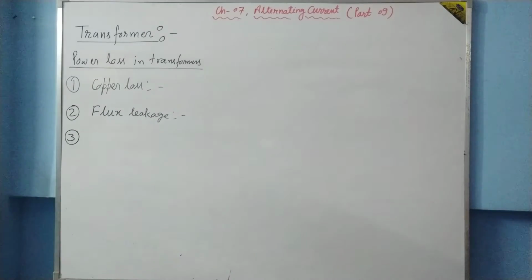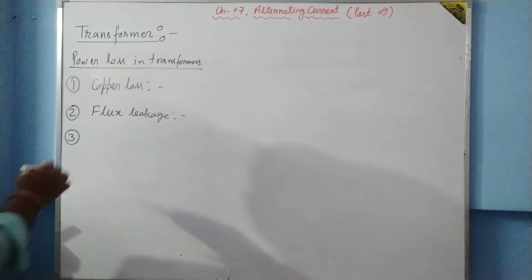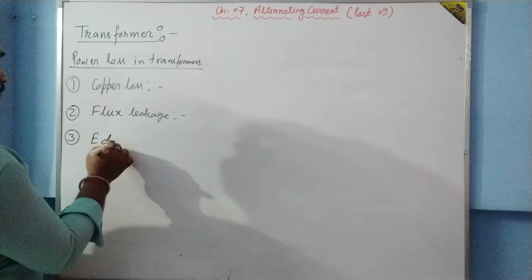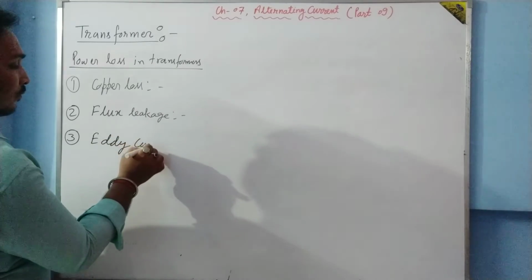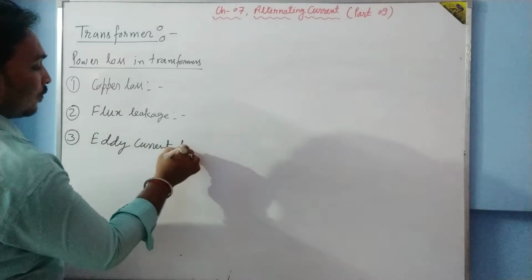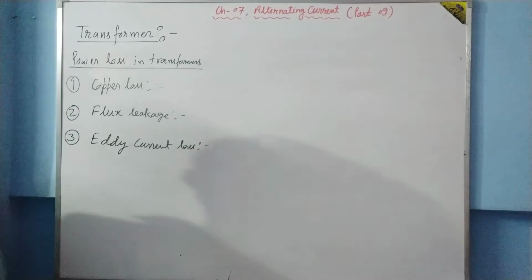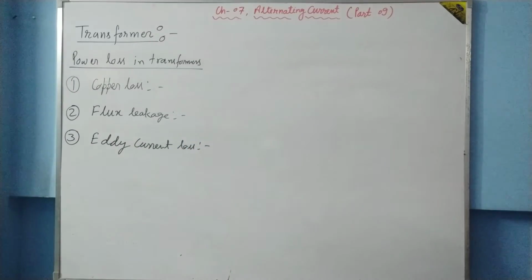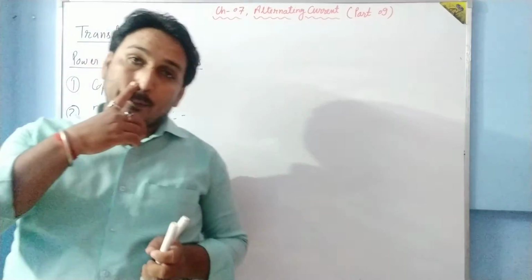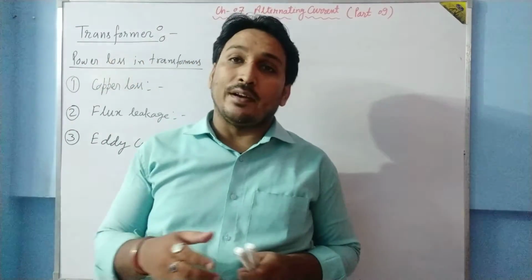The third loss is eddy current loss. What is eddy current? We have done it in the last chapter. Eddy currents are the currents which generate over the surfaces of a conductor when it is kept in a changing magnetic field.